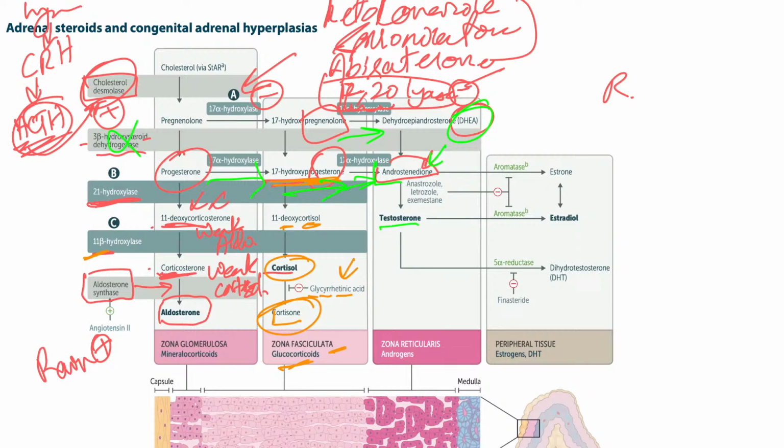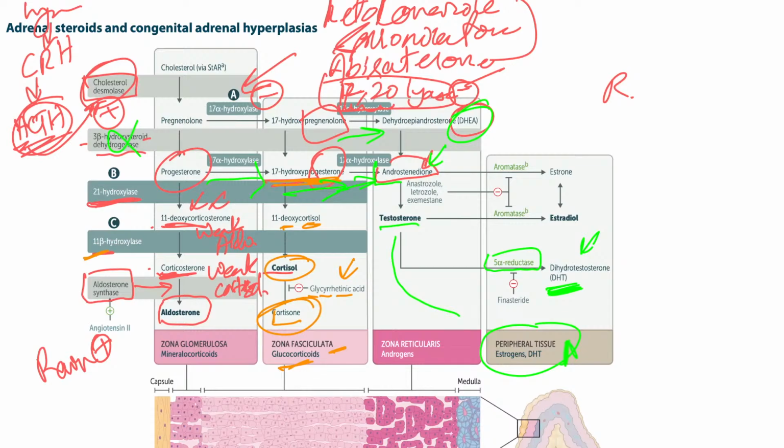And that testosterone will eventually go out into the peripheral tissues, and the 5-alpha reductase enzyme will work on the testosterone in the peripheral tissues, leading to formation of DHT, which is dihydrotestosterone.